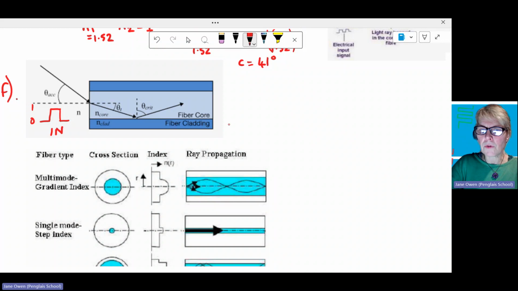And then that pulse will come out at the other end. Now it should be the same size and the same shape coming out, and that is when it's a good signal all the way through.